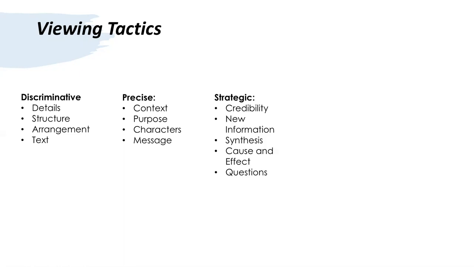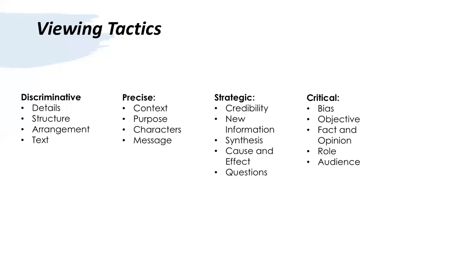Strategic viewing is the image or set of images, the visual representation, is it credible? Credible for what? Is this information that needs to be assimilated or accommodated as new information? What is it synthesized as meaning? What is cause and effect, and what questions are related to it?